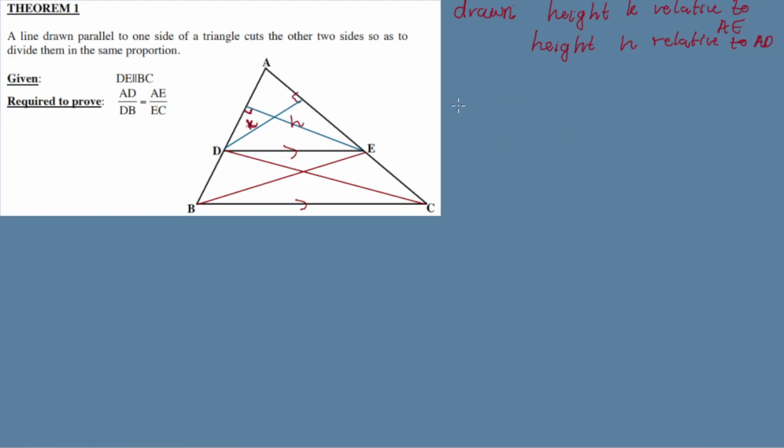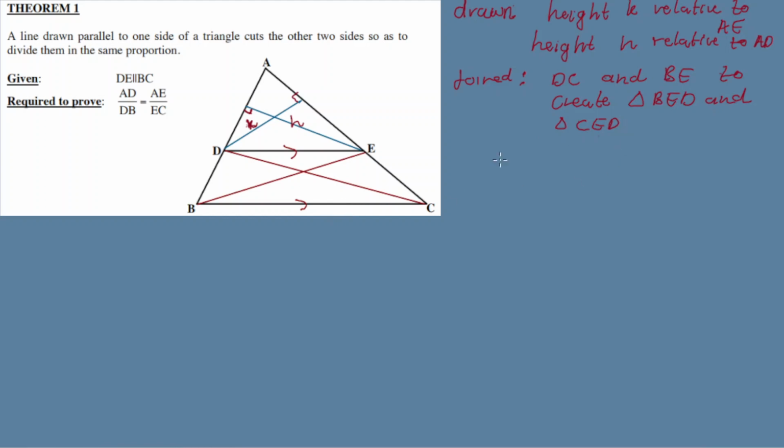And then what else? I've drawn these two, then joined the following: DC and BE, to create triangle BED and triangle CED.